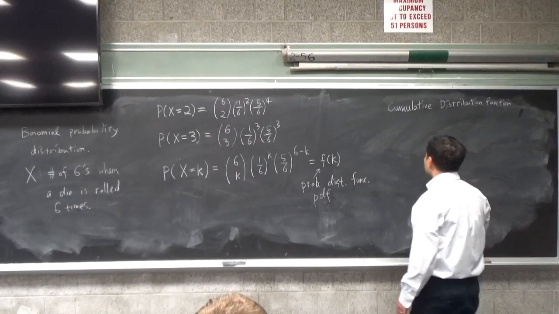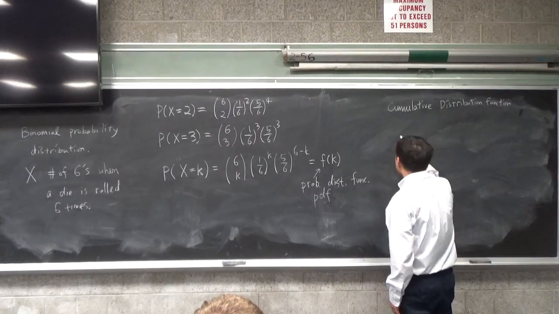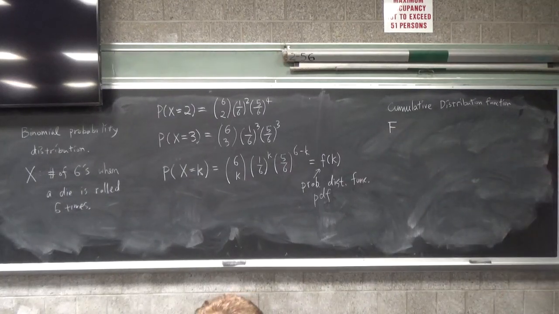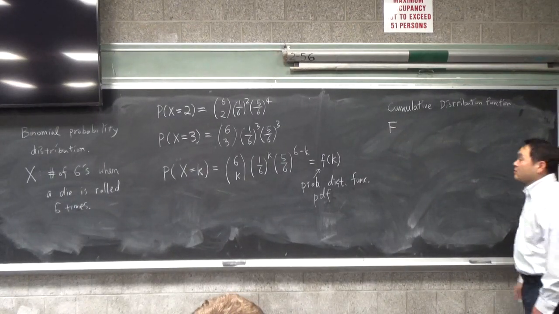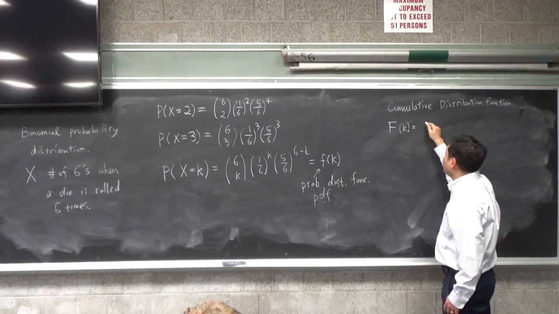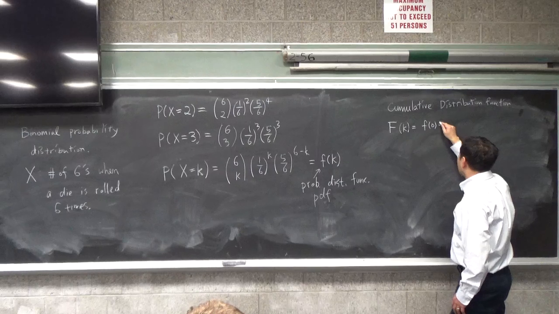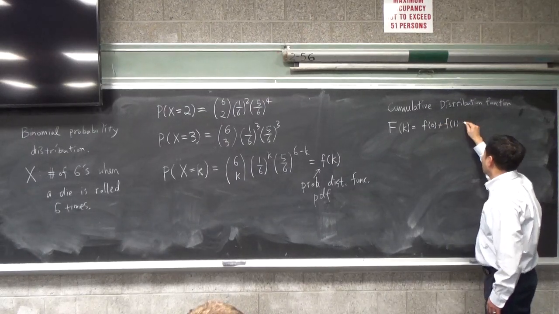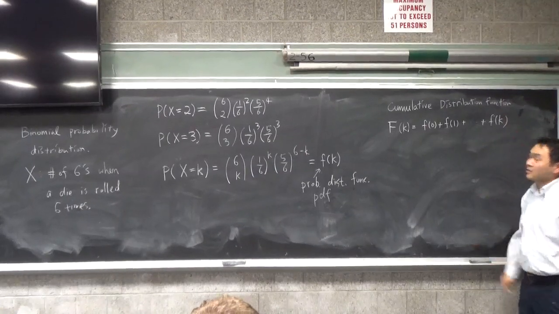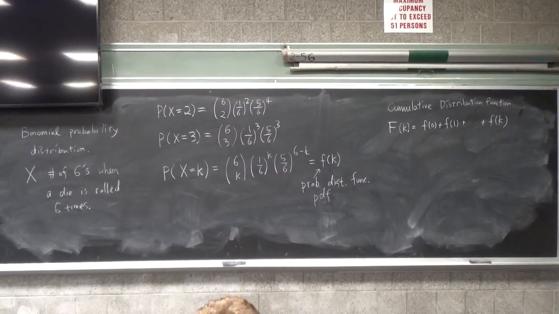You're going to see, and usually people use capital letters for cumulative distribution function. And the cumulative distribution function is the sum of all the values of the PDF until it reaches that number. Okay? Makes sense, right? Yeah.